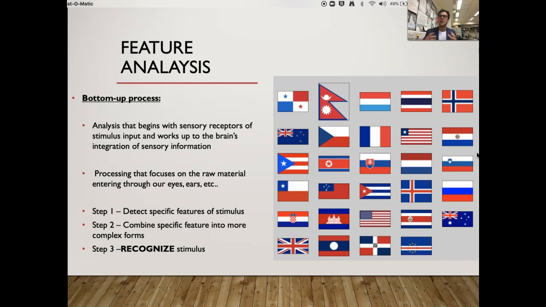This is the meaning of their message, right? That's another example of bottom-up processing. So you're taking individual units from your senses, pulling them together to then make a meaningful whole, okay? So first you detect specific features of the stimulus, then you can combine those things together to more complex forms, and then you're able to recognize what is being said or what is being seen, etc., etc.